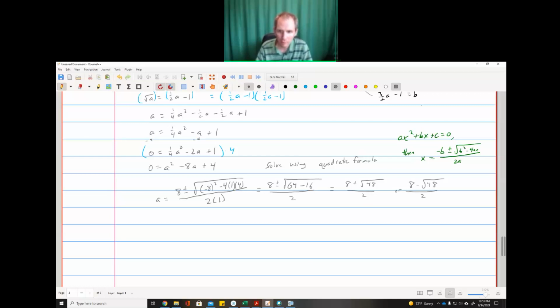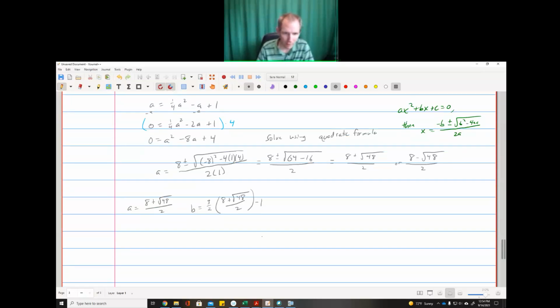Now we have to compute the b that goes with it. So we could have a equals 8 plus root 48 all over 2, and then my b would be 3/2 that minus 1. Well, that seems like a little bit of a mess. We can simplify it.